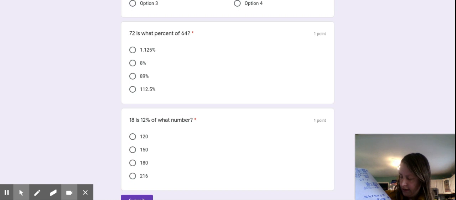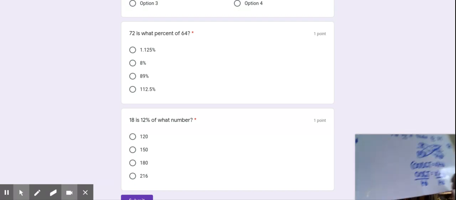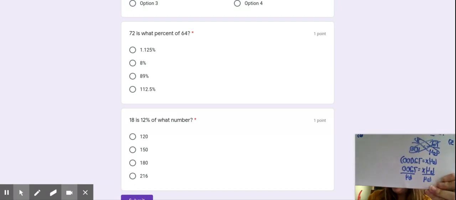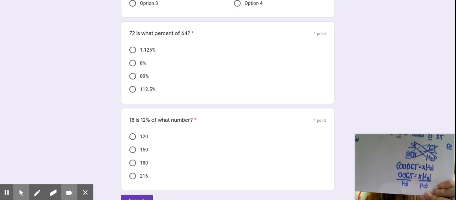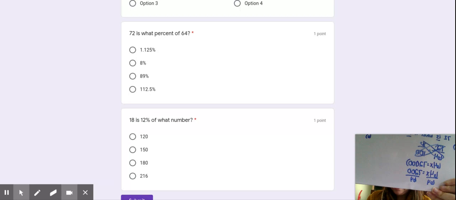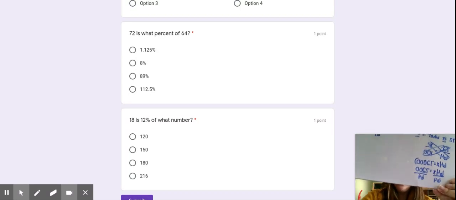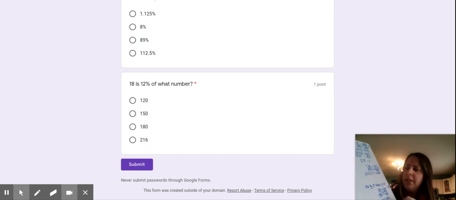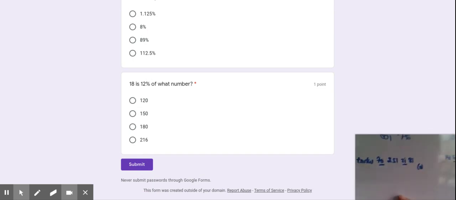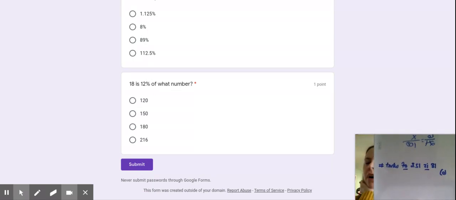Divide both sides by 64. And you're going to get 112.5.